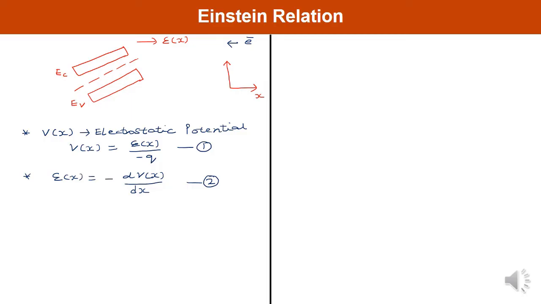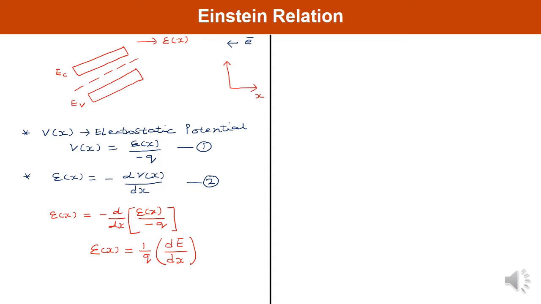Now from equation 1 and 2 you can write Ex is what? Ex is equal to minus d upon dx of E(x) upon minus q. Or you can write it as Ex is what? 1 upon q, minus minus, it would be plus d of E upon dx.